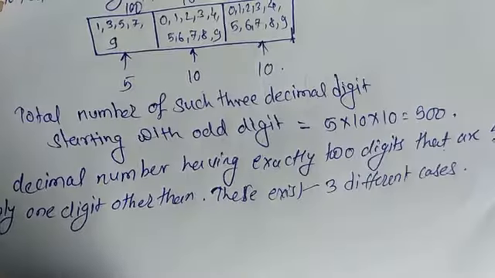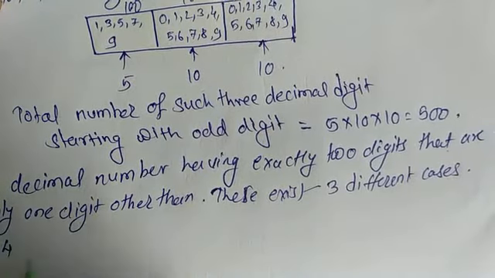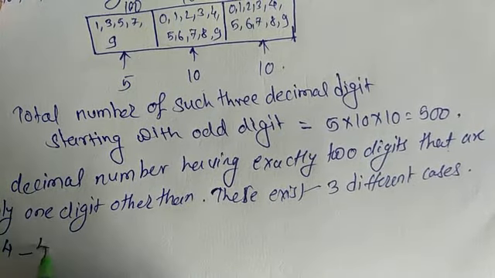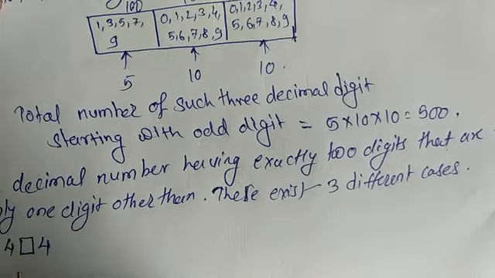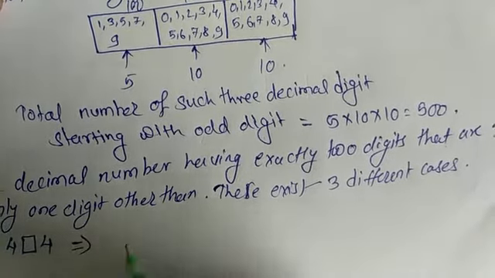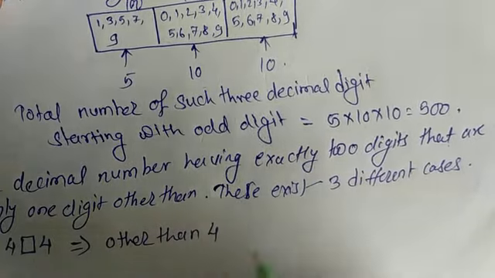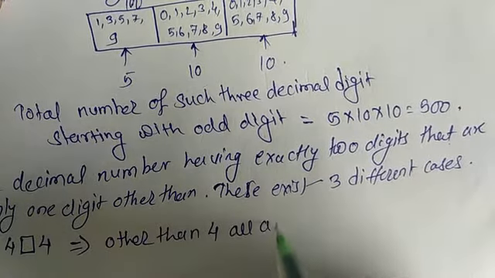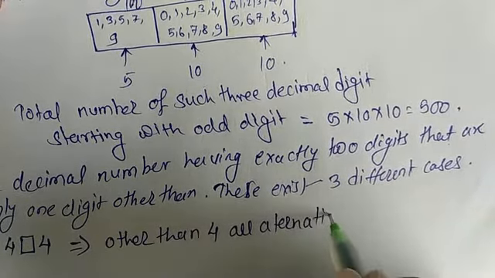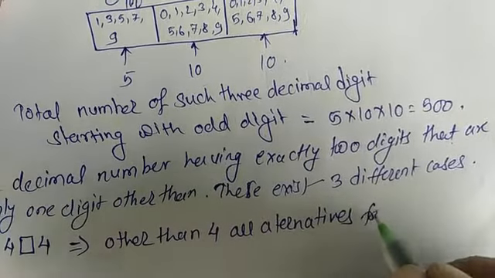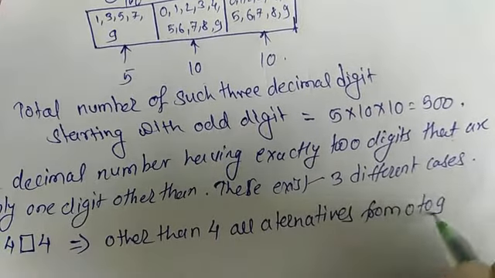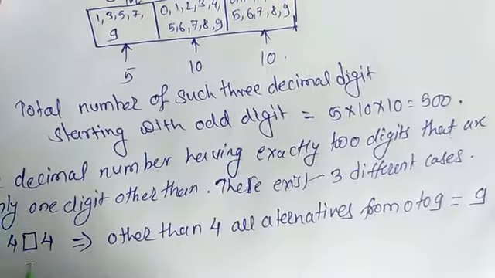In that, the first case is: if the first digit is 4, the second is 4, and the third is a dash, or any possibility other than 4, all alternatives from 0 to 9 except 4, which means there are 9 choices.